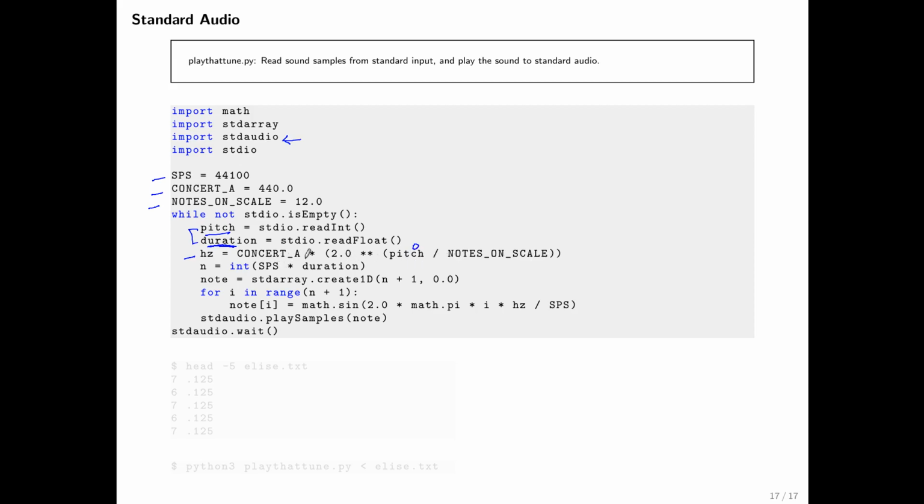So concert A times 1 is simply concert A. So what we're saying is a pitch of 0 corresponds to hertz of 440. That's concert A. What about let's say a pitch of 12?